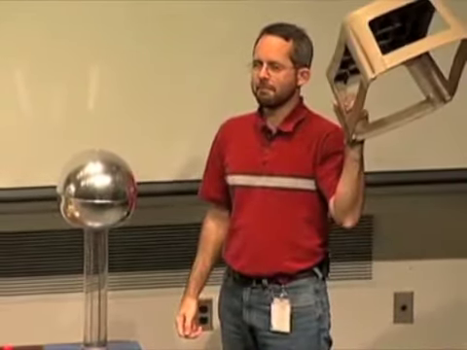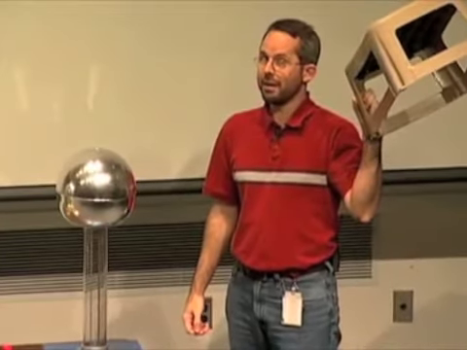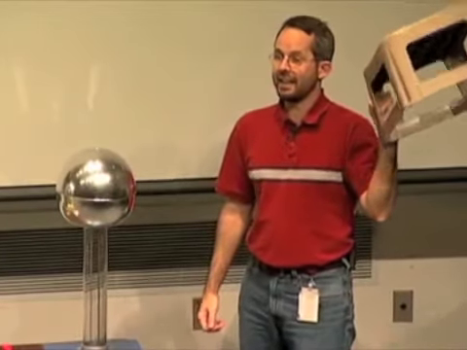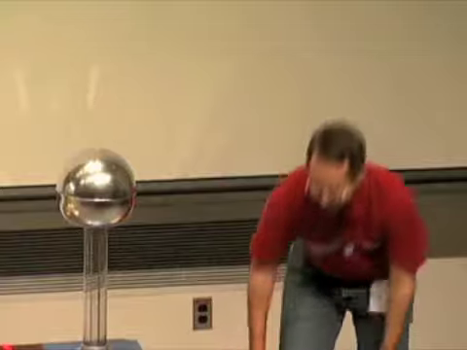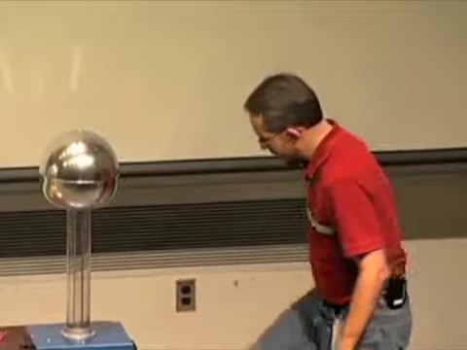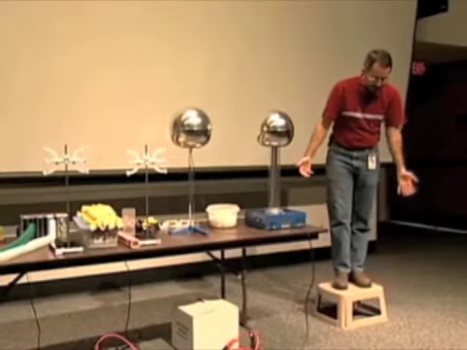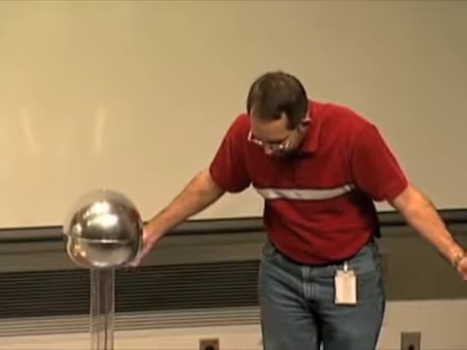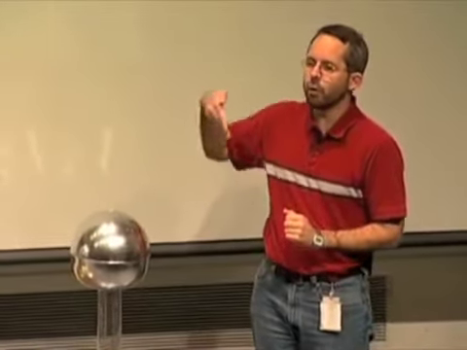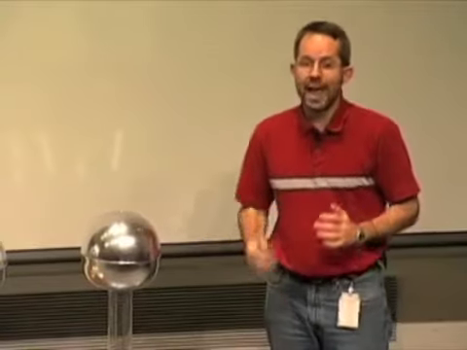I'm going to get on the stool. Not because I'm short, but because I want to get away from the ground. If I'm down here, the only insulation I have is whatever's in my shoe. Not that much. If I'm up here, I've got my shoe, and I have 9 inches of plastic. Hopefully, it's enough insulation, the electrons won't flow through me and into the ground. They'll just gather on me.